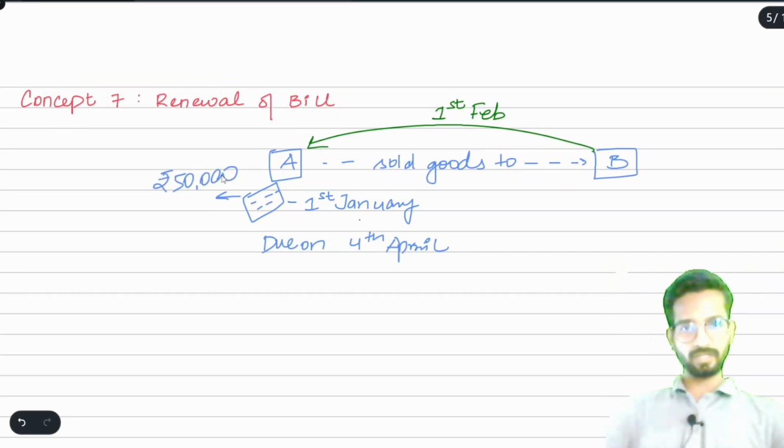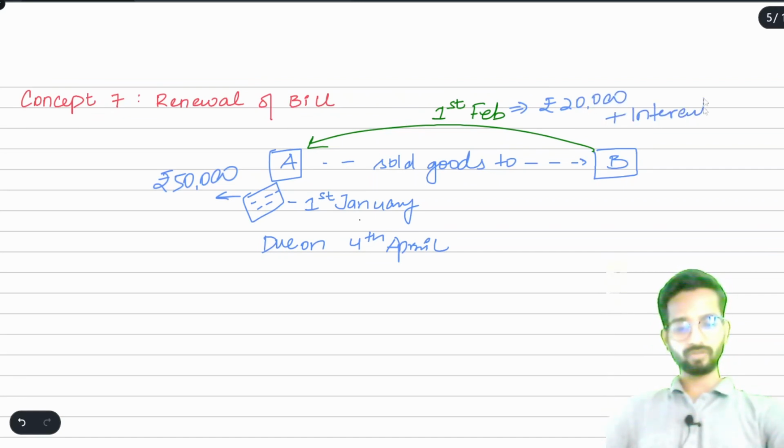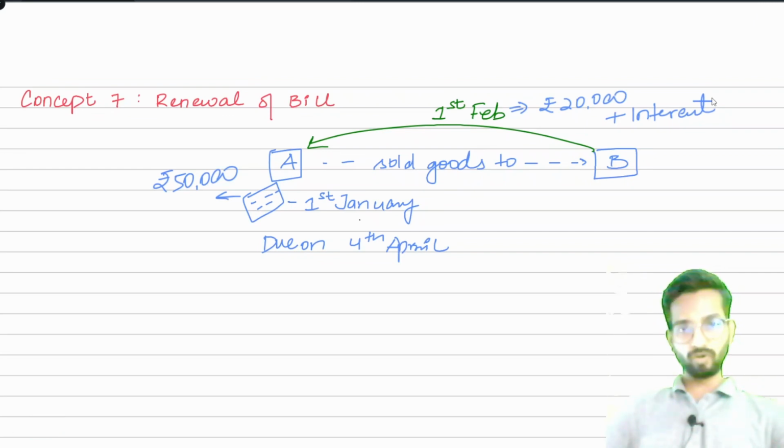A said yes, that I also know. B said on 1st Feb I will pay you rupees 20,000 plus I will pay you some interest also. Now A says, okay, now he is talking something about my benefit. Now there is some benefit for A.